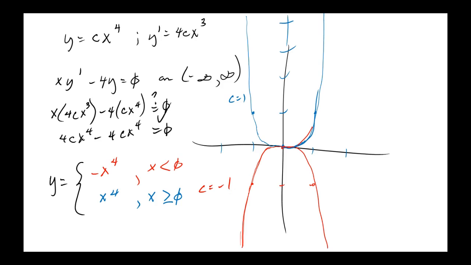Okay? The solution is constructed from a family by choosing C equal minus 1 for x less than 0 and C equal 1 for x greater than 0. But that is a legitimate thing to do. You can do that and have it work. So in this case, even though it's a first order differential equation, these are not independent arbitrary coefficients.